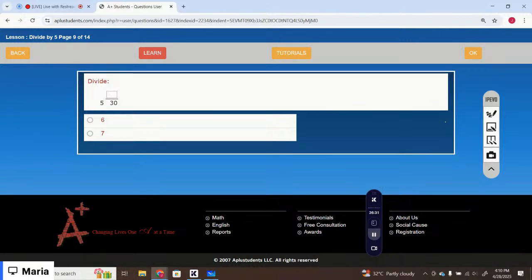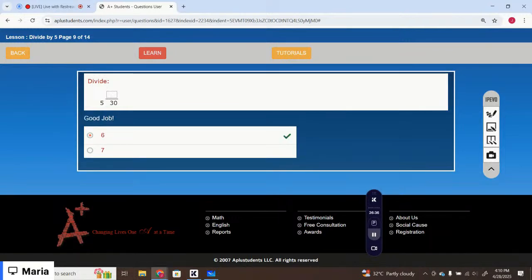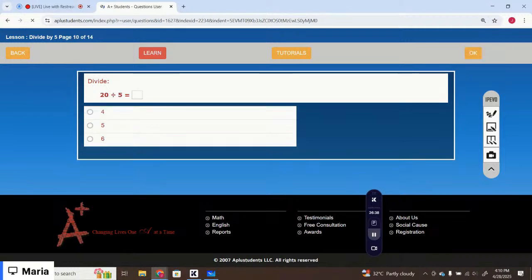That is 6. 20 divided by 5. 4 it is. Okay, you can complete the lesson by yourself later today. Let me just move on to next lesson.